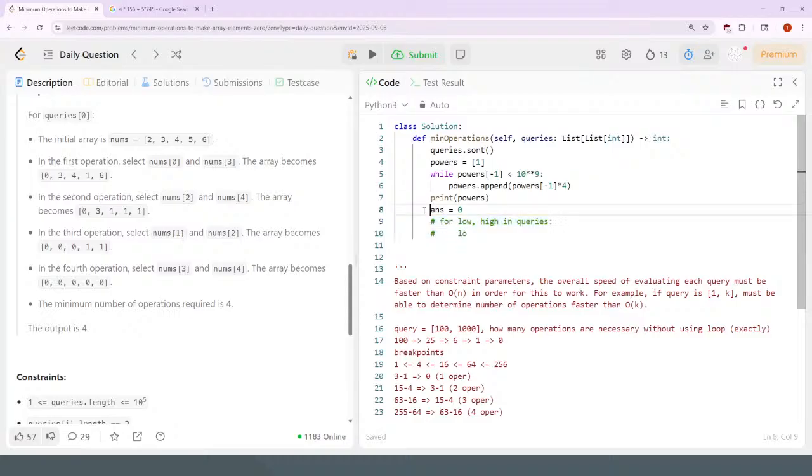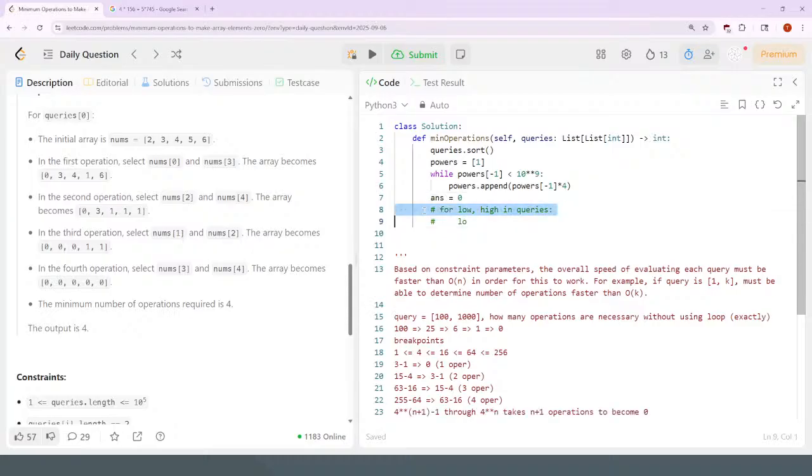Okay. So for every low, high in queries, so I want the low power, which is going to be the lowest power of 4 that's inclusive in the range. So that should be log, gosh, what is Python log?